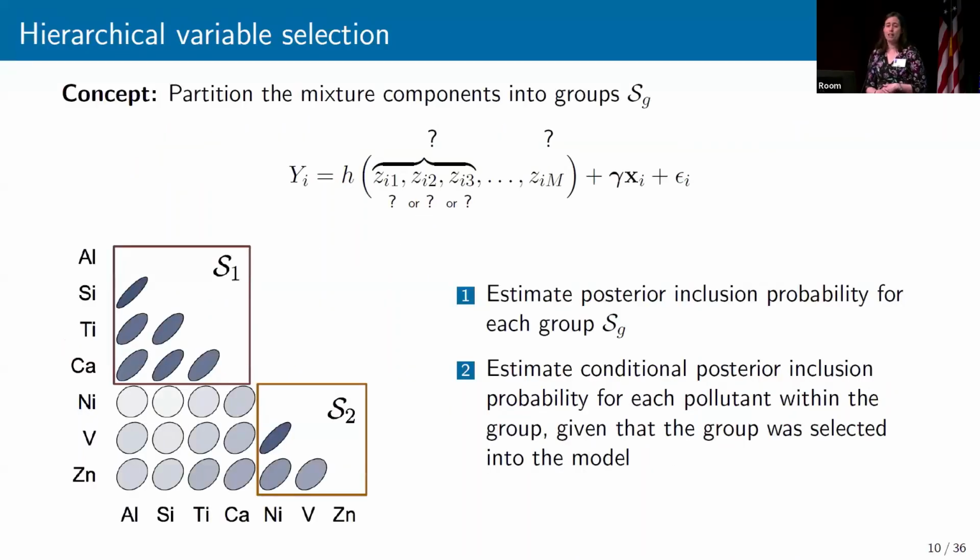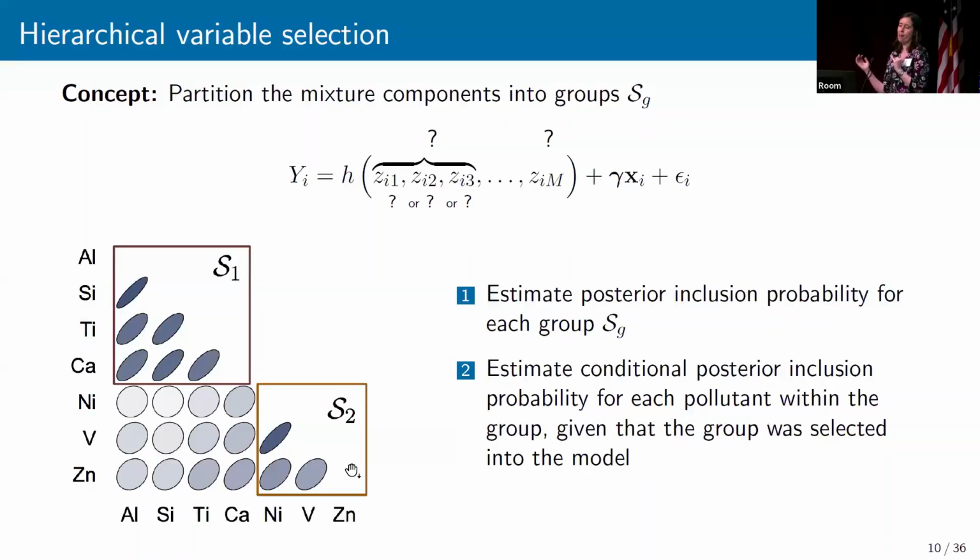So I talked about the multicollinearity issue and looking at the Boston air pollution example. We might also wish to reflect some structure in these exposures. So we also developed a hierarchical variable selection approach where we would partition the exposures into mutually exclusive groups. For example, these highly correlated exposures could be a group S1. This other set of highly correlated exposures could be group S2.